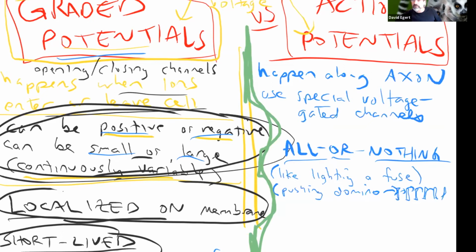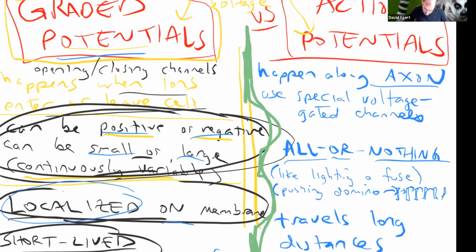So that's what I mean by all or nothing. It's kind of waiting to go, and once you trigger it, it runs along the whole length of the axon. So rather than being localized, it travels long distances, and, I should say, is long-lived.